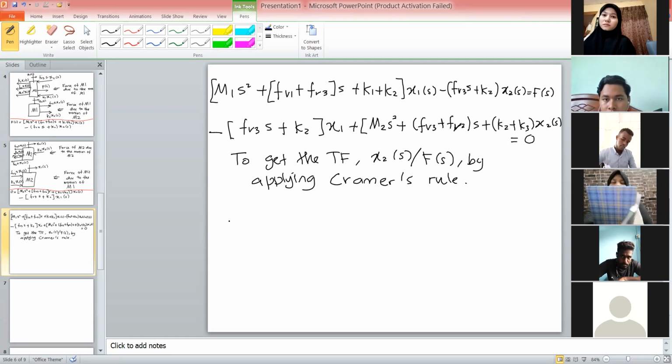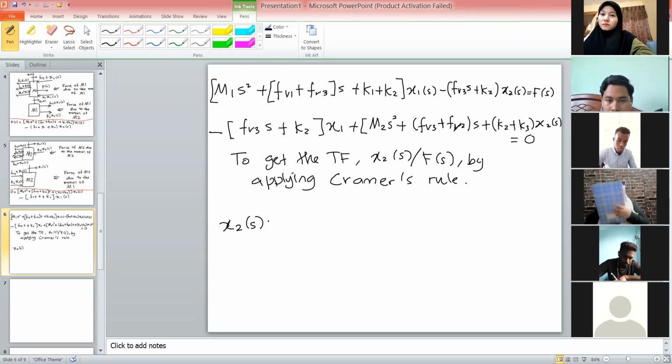Now, we need to find X2s, the question is X2s over Fs. So how to find X2s?